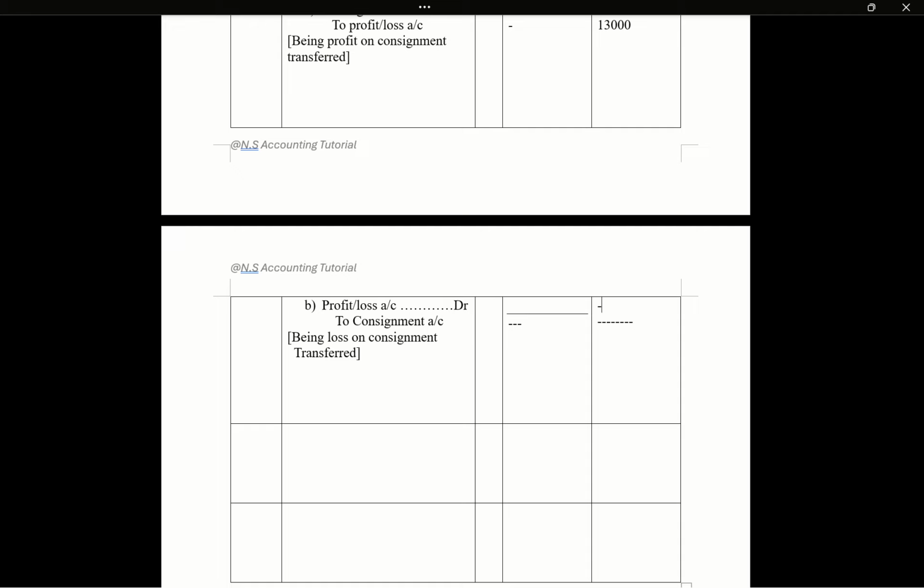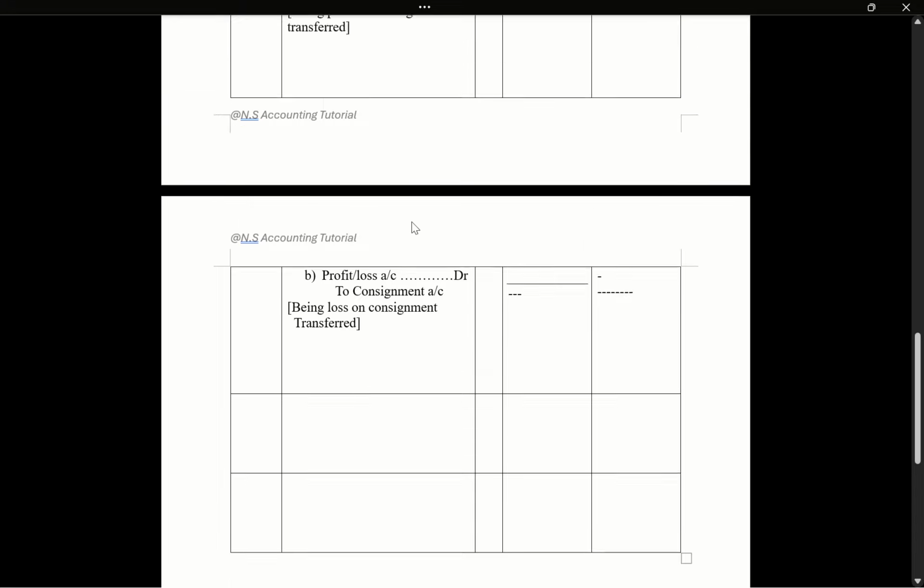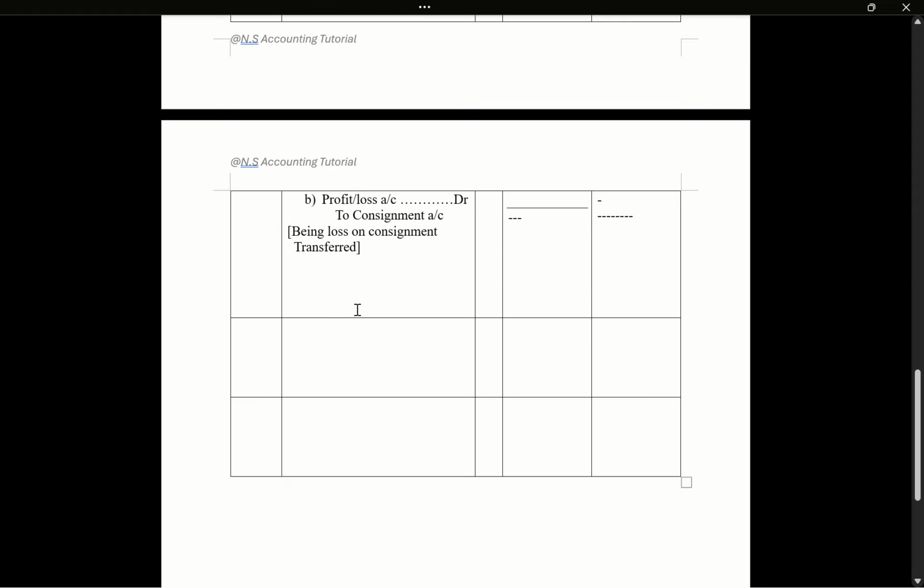Okay, we have here the last entry. If balance amount received from the consignee after doing this entire sum, we will get the balance amount. The entry will be cash or bank account debit to consignee account.